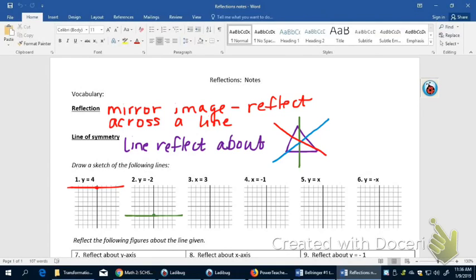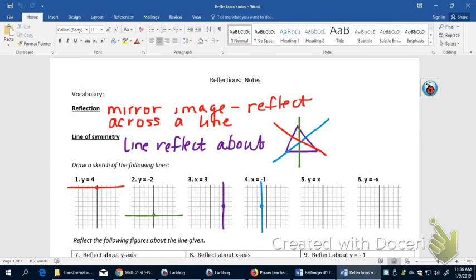That means go to the x-axis, go to 3, draw a line. So 1, 2, 3, there's 3. So this one's going to be vertical, because I'm going to go through that point, or through that axis. Okay, x equals -1. So I go to -1, draw a line through it.